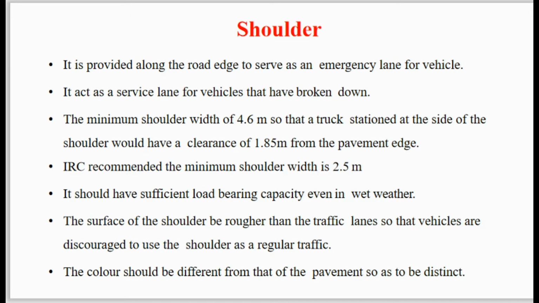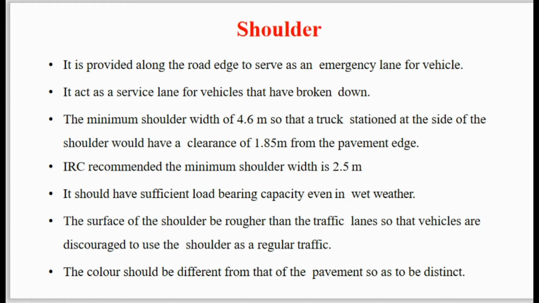The recommendation of the Indian Road Congress is that a minimum shoulder width of 2.5 meters should be provided, and it should have sufficient load bearing capacity even in the rainy season in order to allow vehicles to be stationary in case of any mechanical problems.